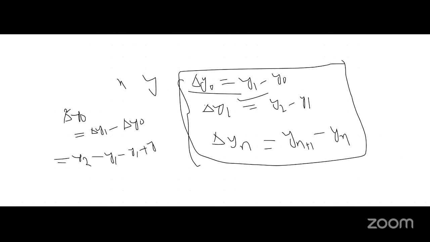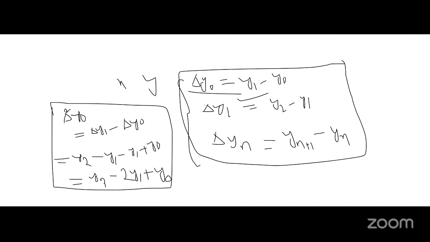So that equals y2 minus 2y1 plus y naught. So delta square y naught is y2 minus 2y1 plus y naught.